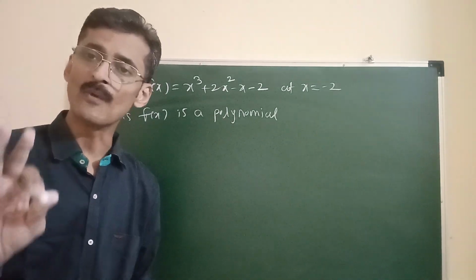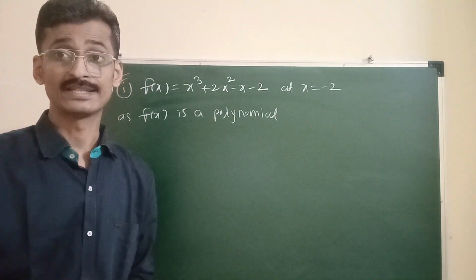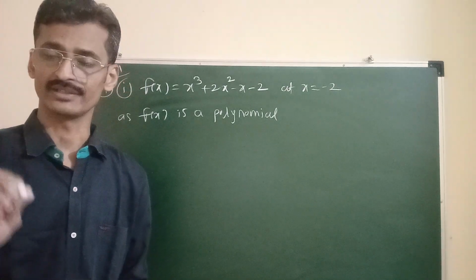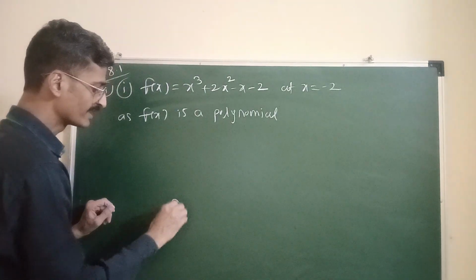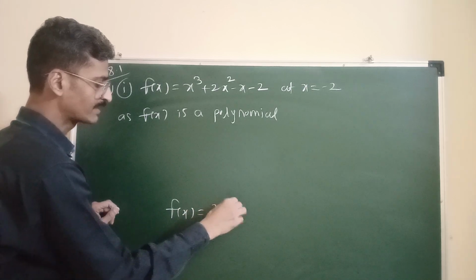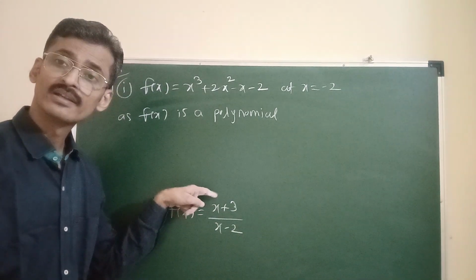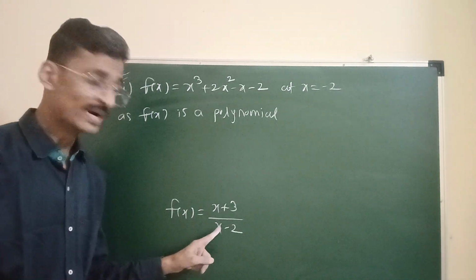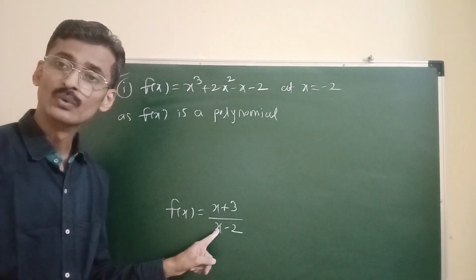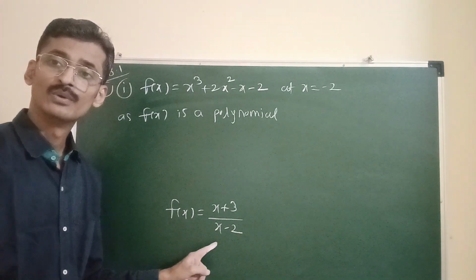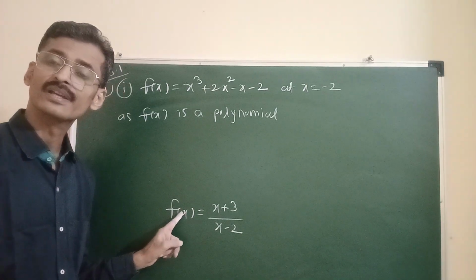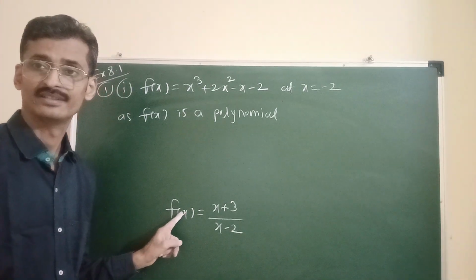We just have to check whether the function exists for all x or not. That means what? If the function is given x plus 3 upon x minus 2, this is a polynomial, this is a polynomial, but here when x is 2, this becomes 0. So f of 2 is not defined, right?